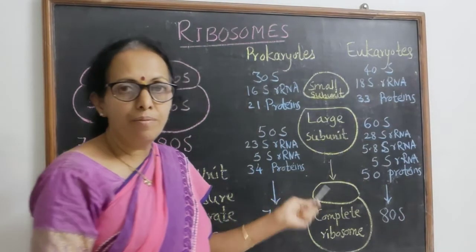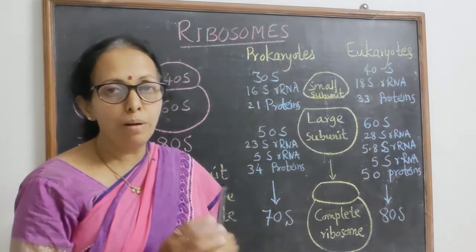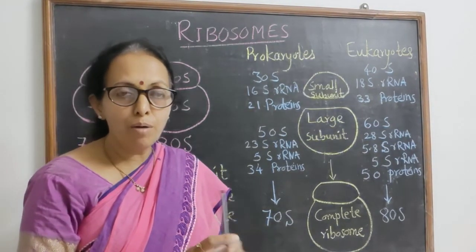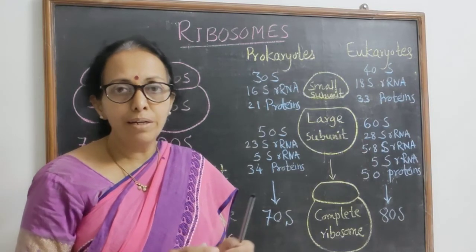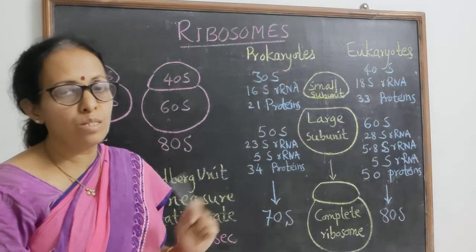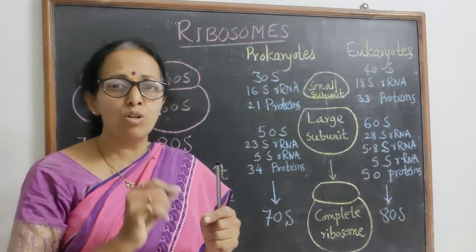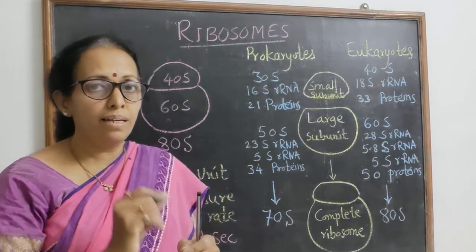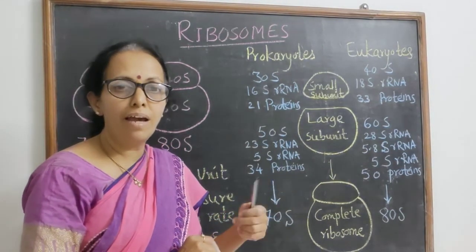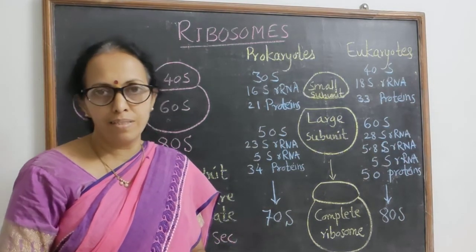When ribosomes are present freely in the cytoplasm, they combine to form a group, which we call polyribosomes. We have studied polyribosomes in the prokaryotic cell, where you labeled them in the bacterial cell. Those polyribosome units are actively involved in protein synthesis.